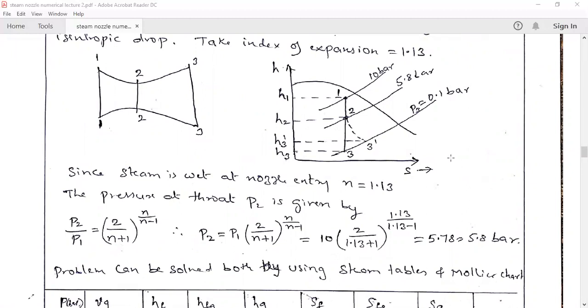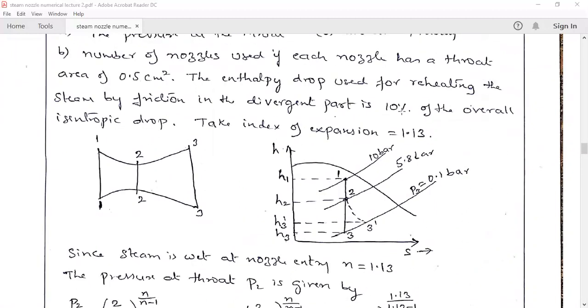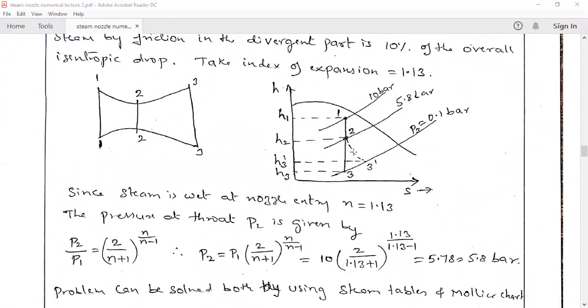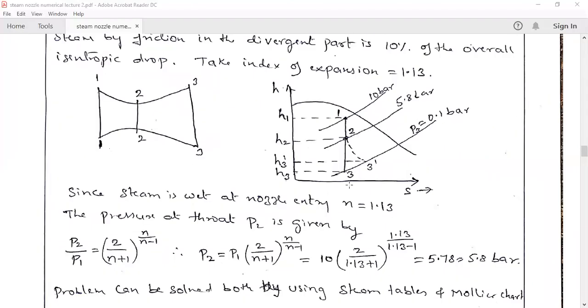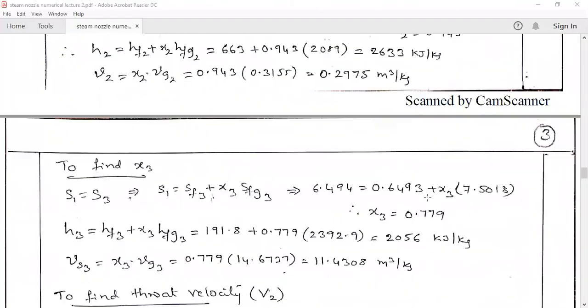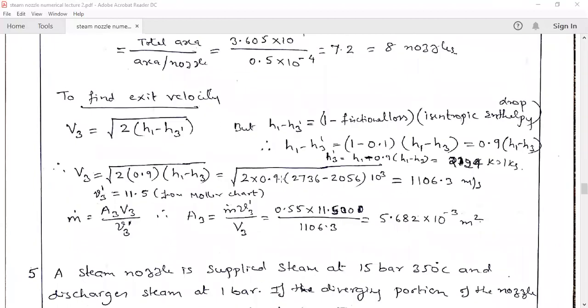Frictional loss they have given as 10%, so it is 90% efficiency. So V3 will be the square root of 2 times 0.9 into H1 minus H3. H1 minus H3 dash will be equal to 0.9 times H1 minus H3.